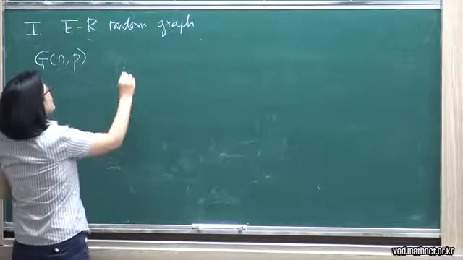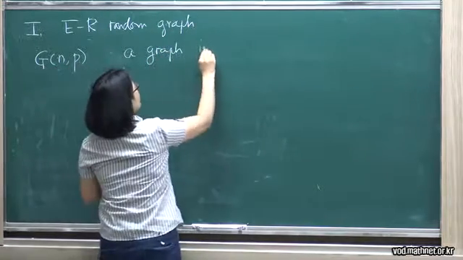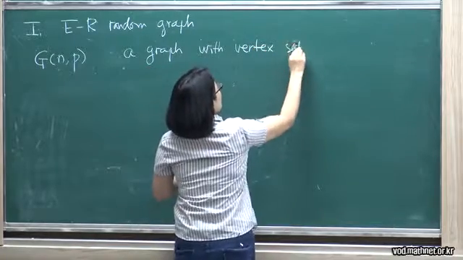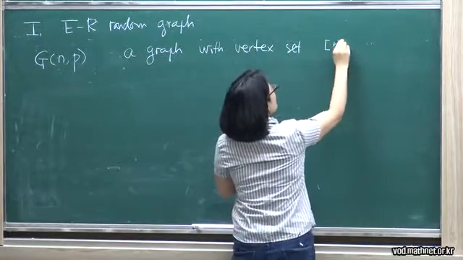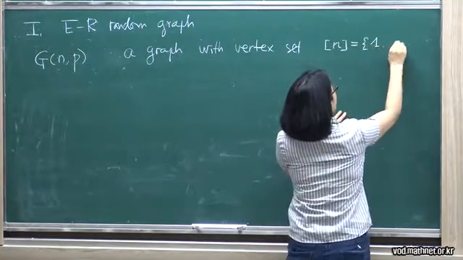What is it? It is a graph on n vertices. Throughout the talk, if I write [n], this is the set of integers 1 through n.